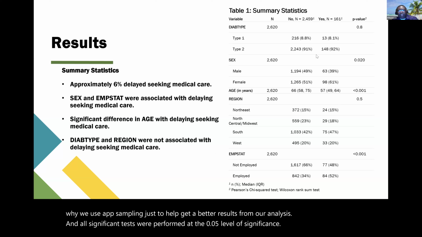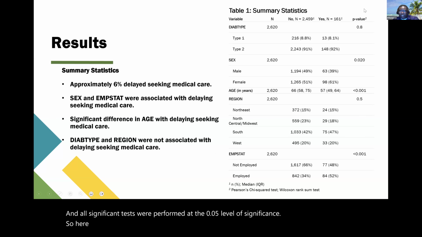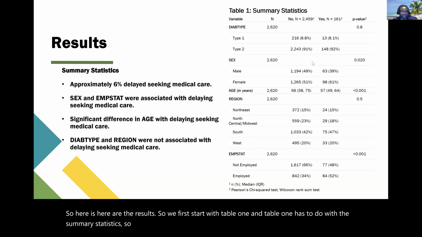So here are the results. We first start with table 1, and table 1 has to do with the summary statistics. With the summary statistics, approximately 6% delayed seeking medical care.